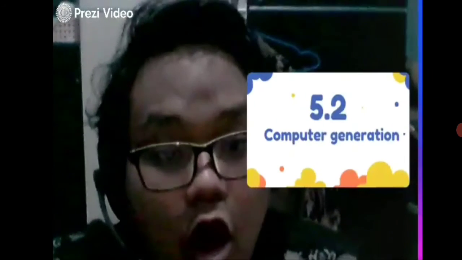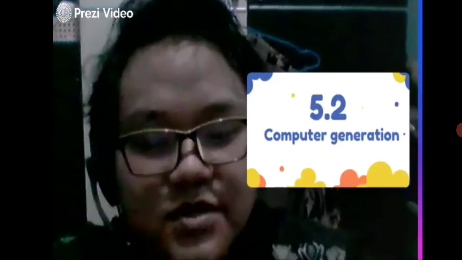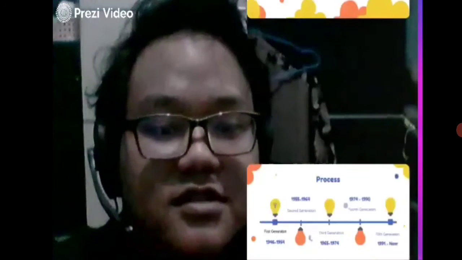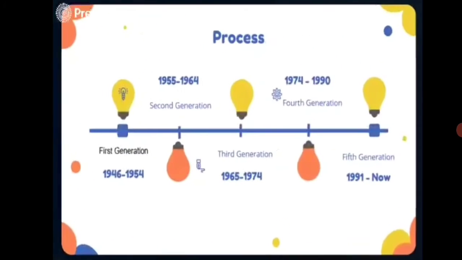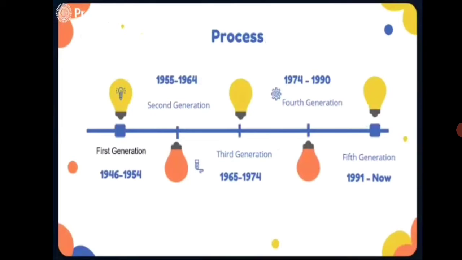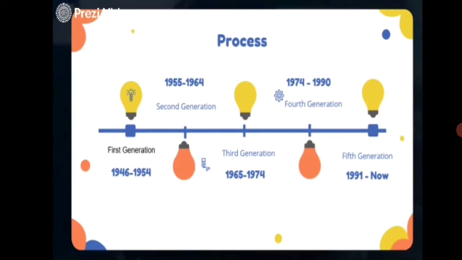Okay, in part 2, we want to talk about computer generations. You can see on your screen the process from the first generation up to now, the fifth generation.